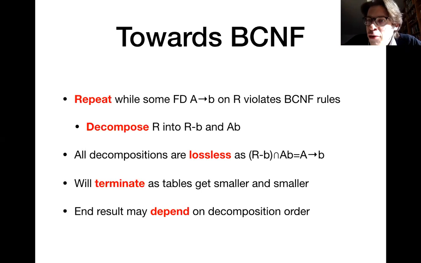And we know, first of all, that this decomposition will be lossless, because if you do the math, if you intersect those two relations after decomposition, if you intersect R minus B and AB, then in the end we get A. And as we know, that implies B. Therefore, by intersecting the two decomposed relations, you obtain a key for the second relation, which is AB.